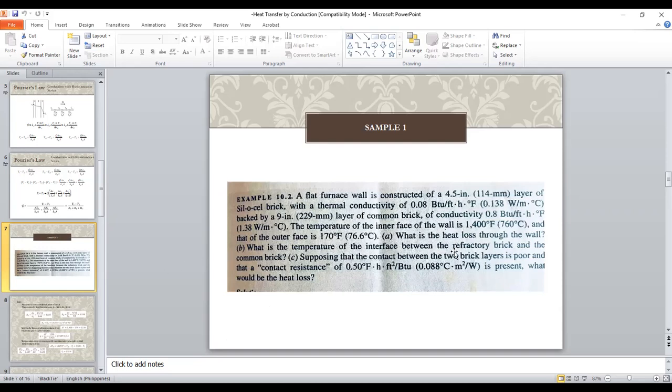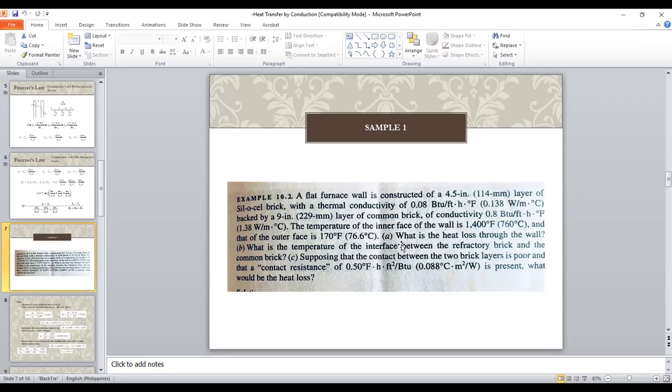What is the heat loss through the wall? What is the temperature of the interface between the refractory brick and the common brick? And C, supposing that the contact between the brick layers is poor and that a contact resistance of 0.5 degree Fahrenheit hour feet squared per BTU is present, what would be the heat loss?